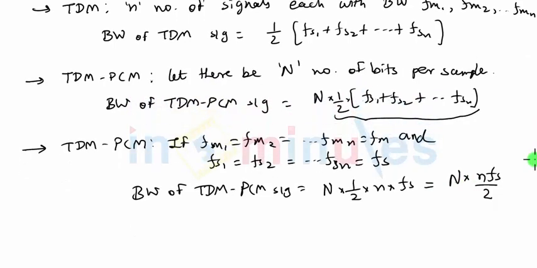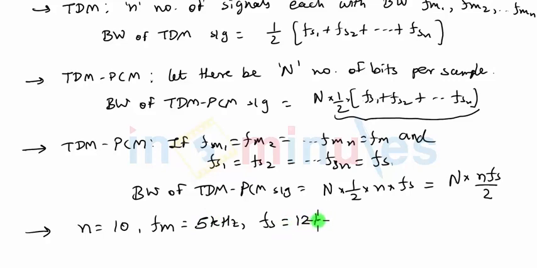So just to get an idea in terms of numbers, let's say for example small n is equal to 10, we are transmitting 10 signals. fm, that means the bandwidth of each and every signal, is equal to, let's say, 5 kilohertz. But I'm sampling the signal at, let's say, 12 kilohertz. I can sample at 10k also, but I'm using a value greater than 10k, which is 12 kilohertz.